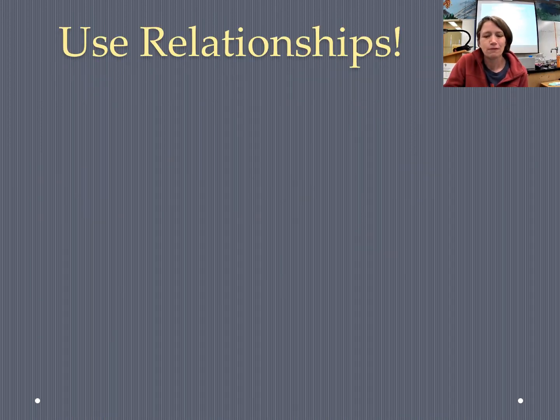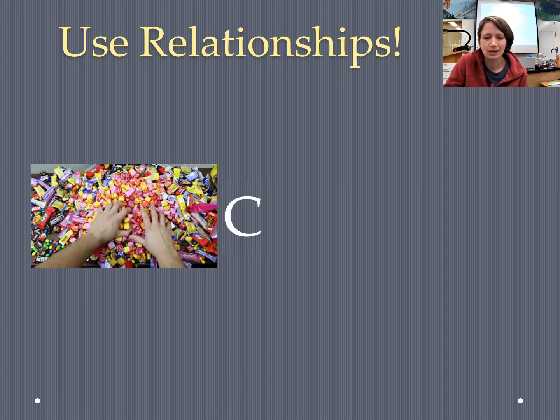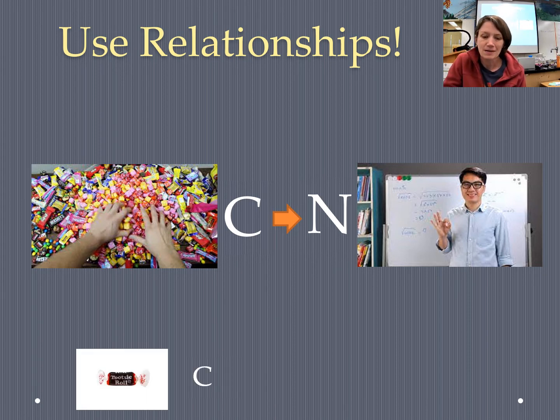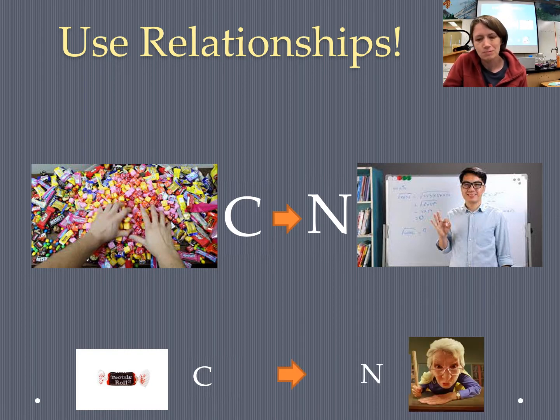So for example, our first variable, which is how much candy the teacher gives out: if the teacher gives out a lot of candy, probably most of you agree that means we also have a lot of niceness. So lots of candy translates into lots of niceness. On the flip side, if a teacher does not give out very much candy, or really bad candy like that Tootsie Roll, that's going to translate to a less nice teacher, okay?